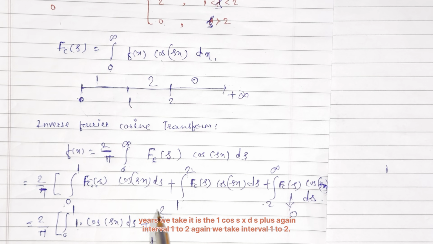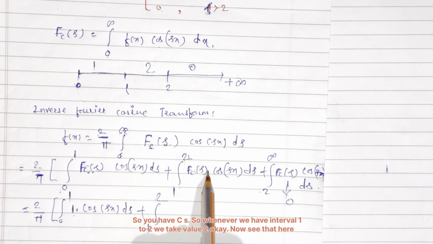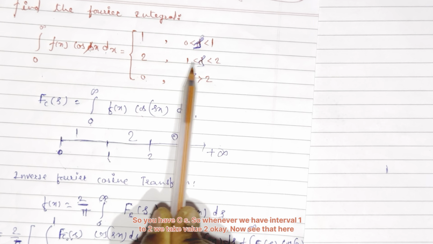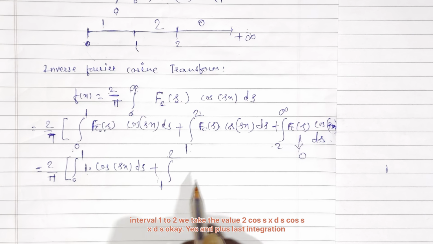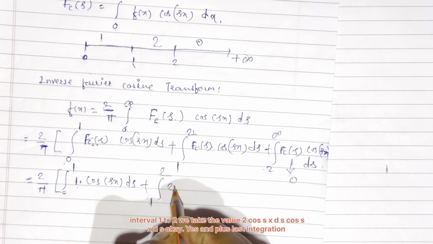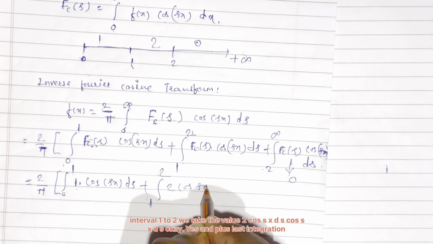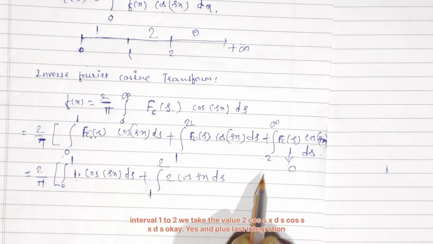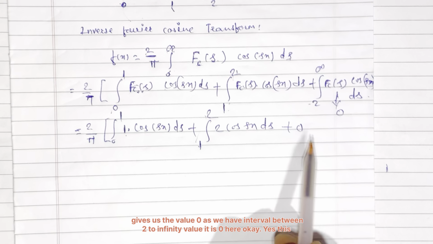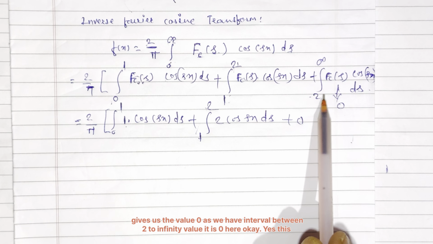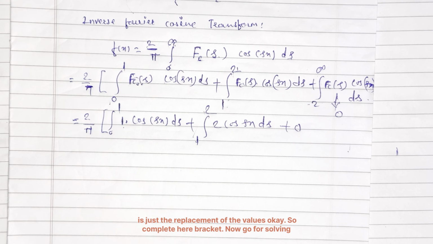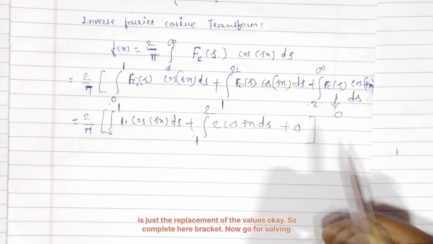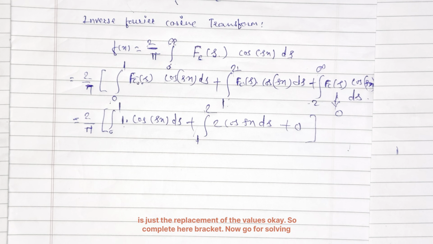Whenever we have interval 1 to 2, we take value 2. Now see that here interval 1 to 2, we take the value 2 cos sx ds. And plus the last integration gives us the value 0, as we have interval between 2 to infinity, the value is 0 here. This is just the replacement of the values. So complete the bracket here.